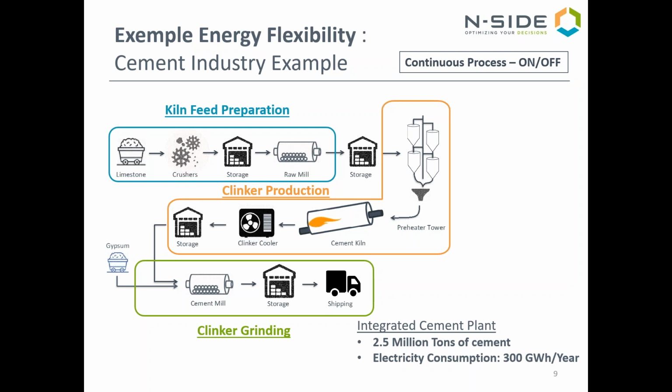In this section, you have the cement kiln running on gas that really cannot stop because of a really high cost of running on and off. And then after, you have the clinker grinding. This example has an electricity consumption of around 300 gigawatt hours per year, just for information.